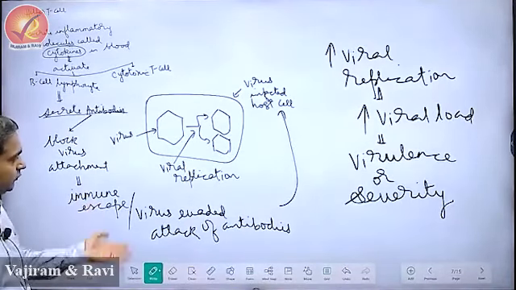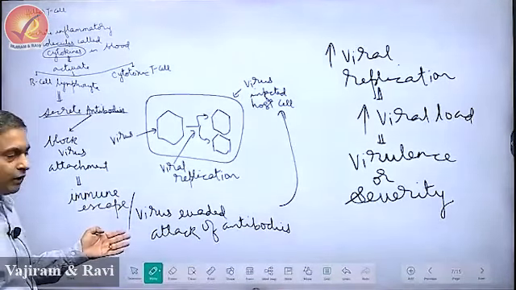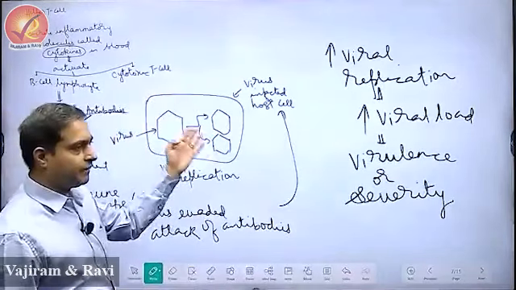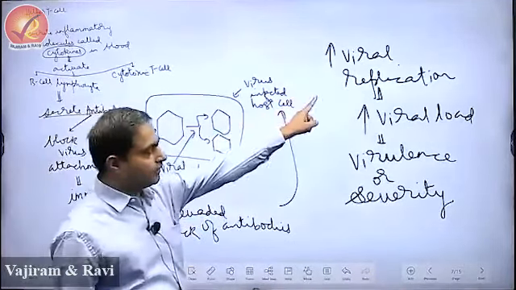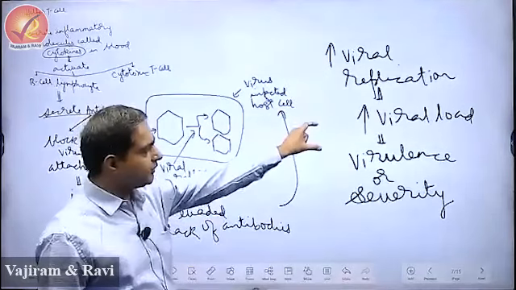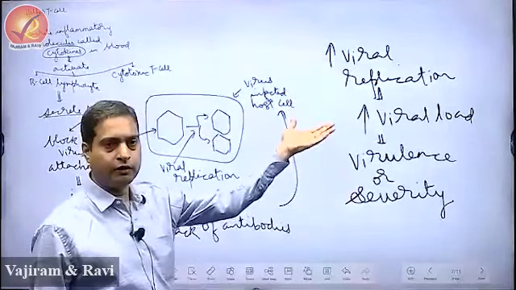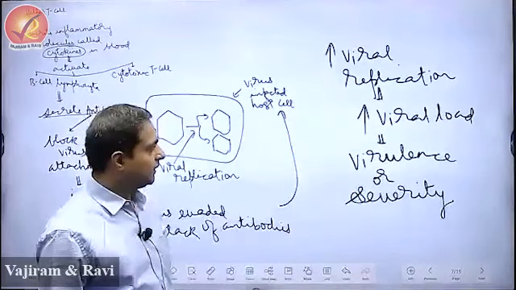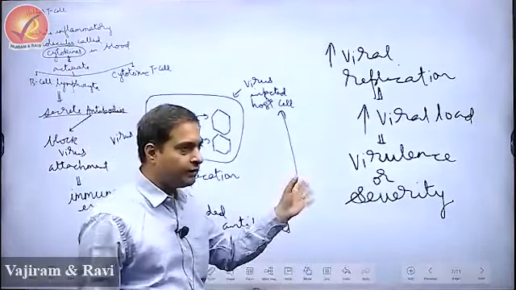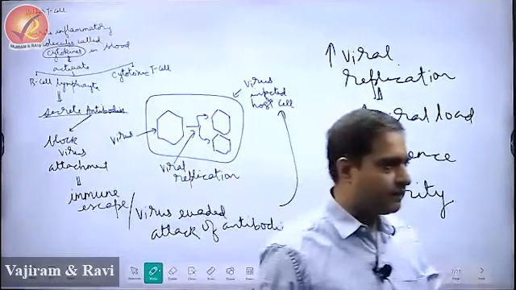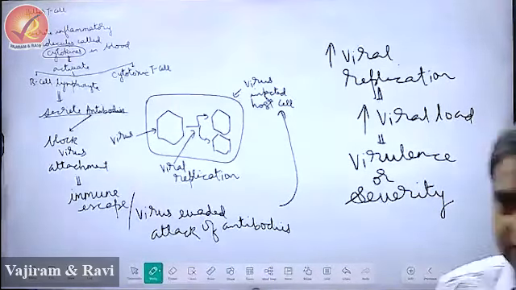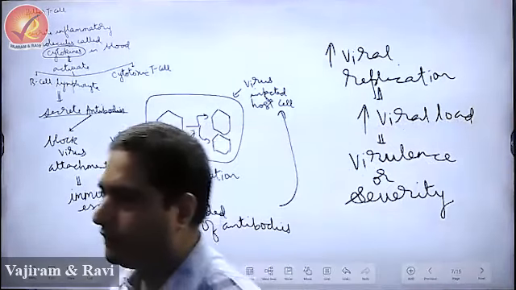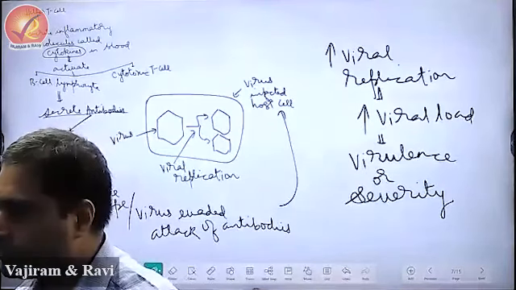So the virus was able to escape the attack of antibodies, you have written. Now the virus is multiplying in the infected host cell. And that is resulting in what? Increased virus multiplication. Concentration of virus is increasing in the infected body. And that will cause what? Severity of disease or virulence, breathlessness, hospitalization, even death. We have seen that even in many vaccinated people, after giving the COVID-19 vaccine, they become infected.